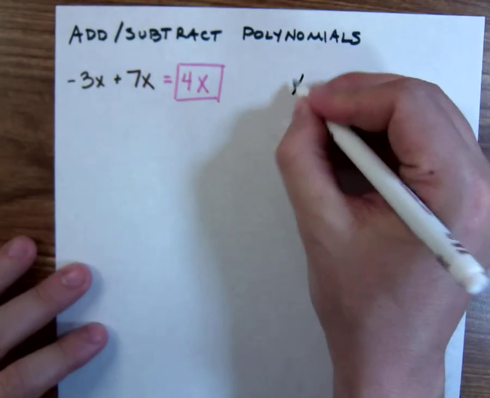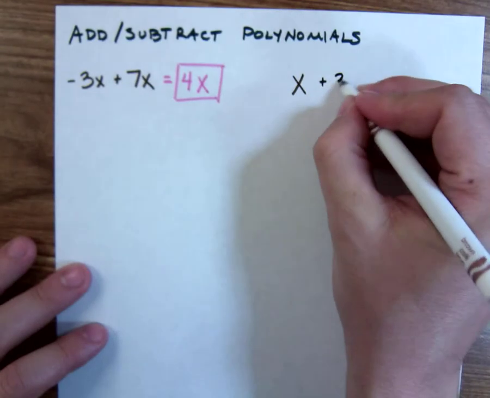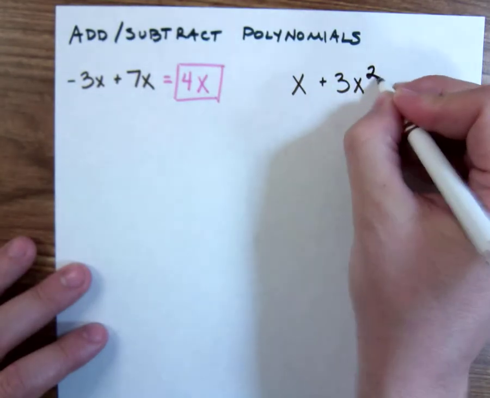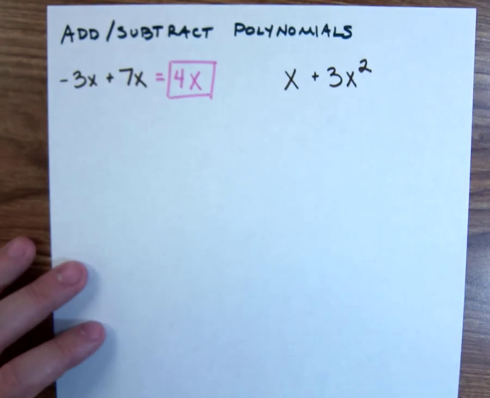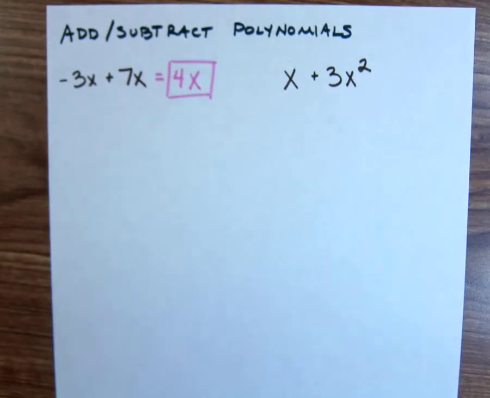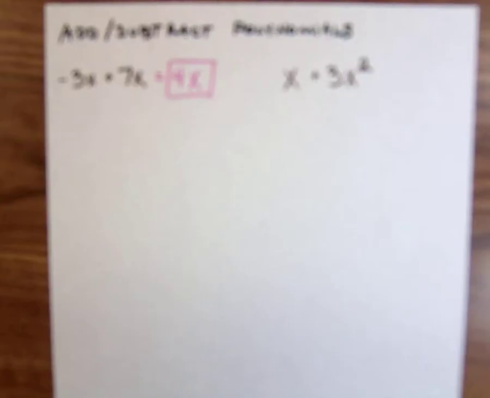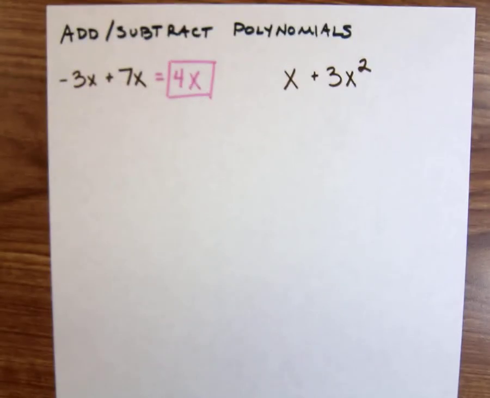Okay, what about those? These are different. What do you mean they're different? They're just one squared. The variables are the same. They're both x's. But the degree is different.